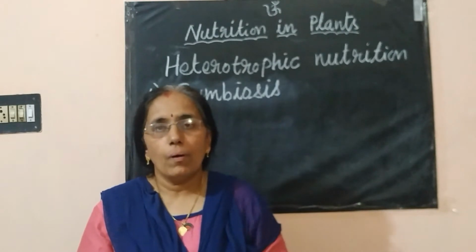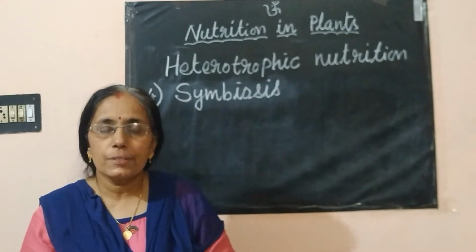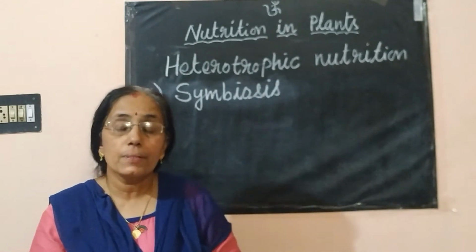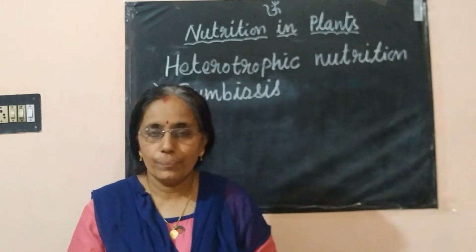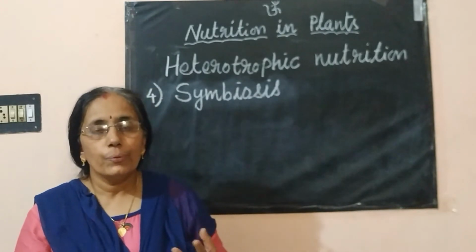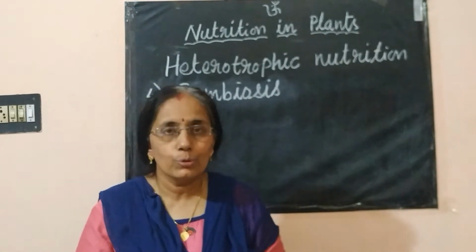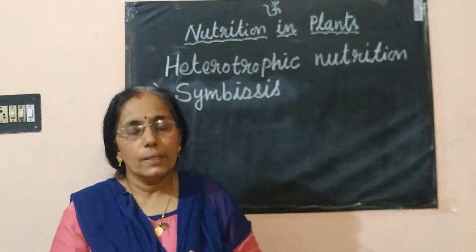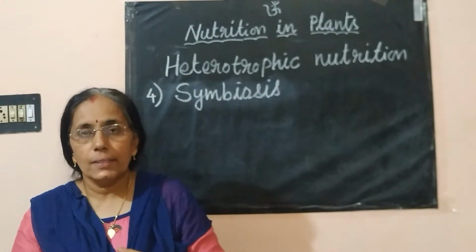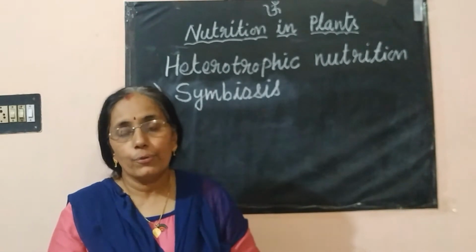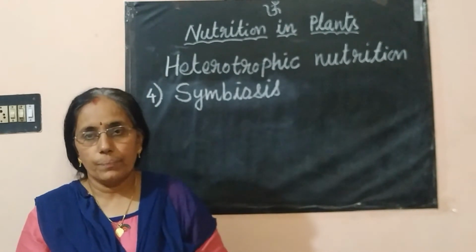Another example of symbiotic relationship is lichens. Lichen is the most amazing form of life. It consists of 2 or more distinct organisms living together. One is an alga, another is fungus, and sometimes it contains even a photosynthesizing bacteria.